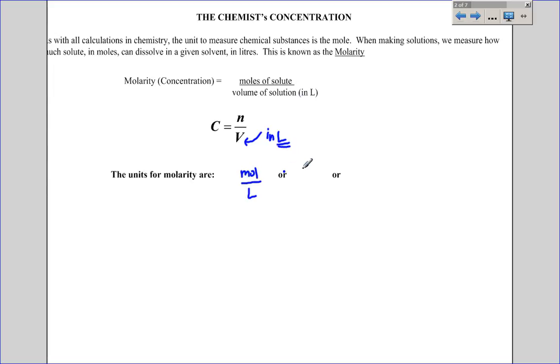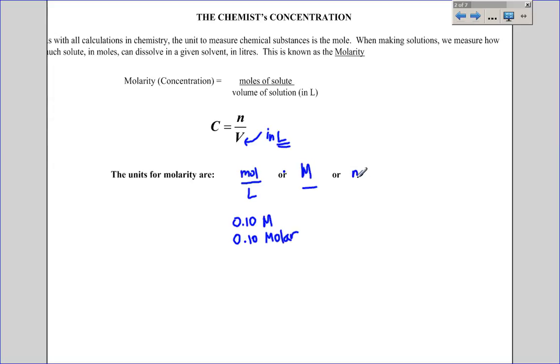Another unit that we can use for molarity is capital M. So you may have heard or seen in places and not really understood, it might say a 0.1 big M solution, or it might say a 0.10 molar solution. The capital M stands for molar. Now it's important for you to be able to switch between these units and be very comfortable with them and recognize them as concentration units.